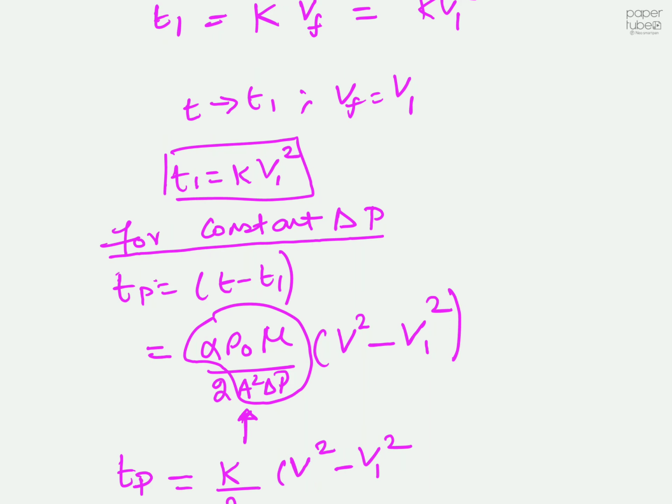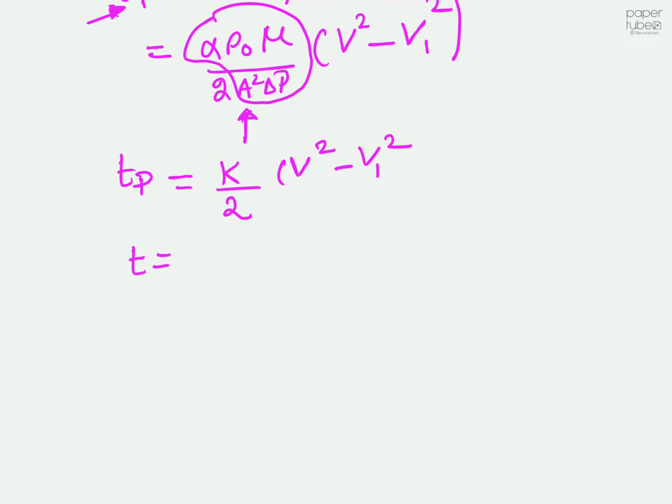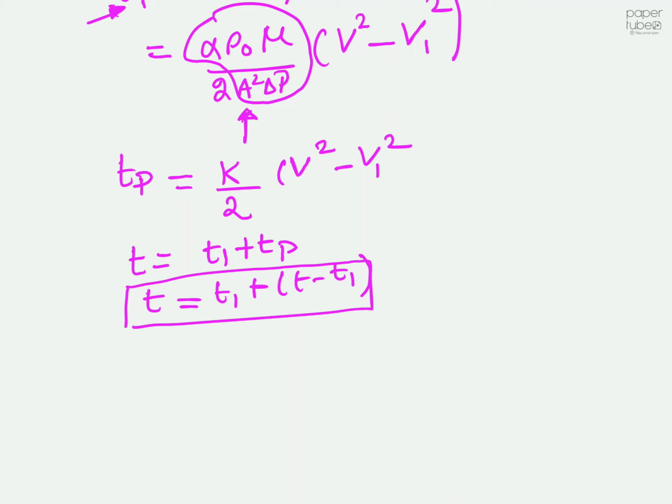That's the total time that we operate our filtration unit at constant pressure, equal to Tp. And we know that the total filtration time T is equal to T1 plus Tp, or T1 plus T minus T1. I showed you this just a moment ago.